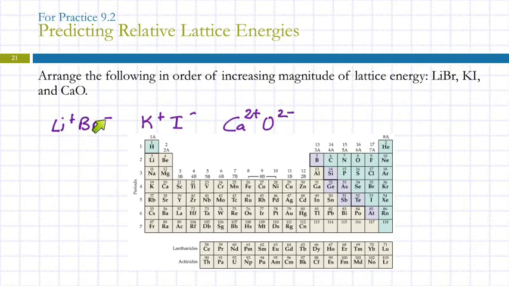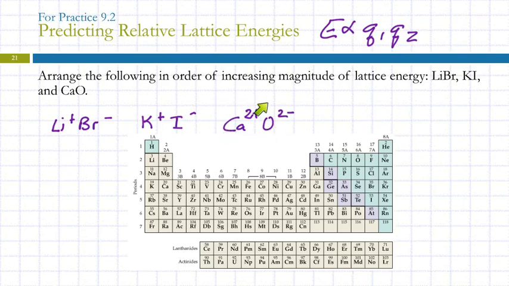Well, these two have the same charges. This is larger charges, right? So if energy is proportional to Q1 times Q2, that would be 4, and this would be 1 and 1.